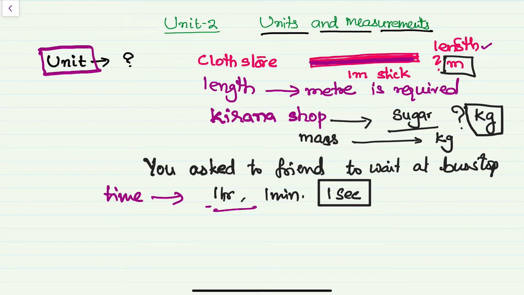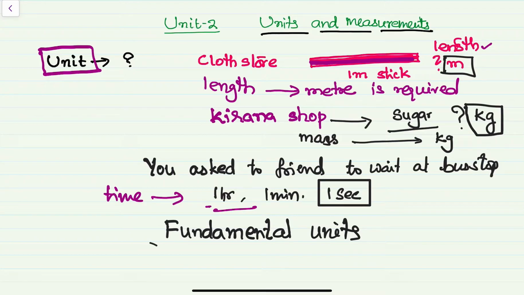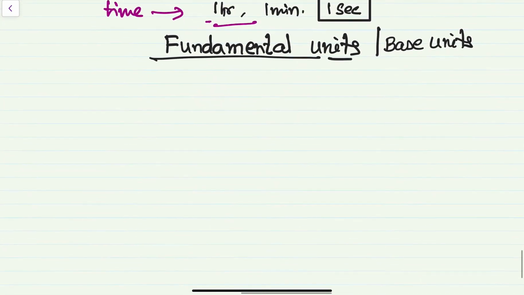Of course, I can say that these are called fundamental units, or we can call them base units, right? Now we'll define the 7 fundamental base units and their symbols and all that. First we shall see what are the different types of systems available.